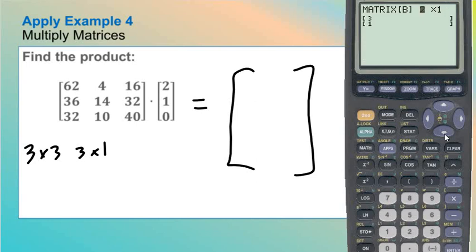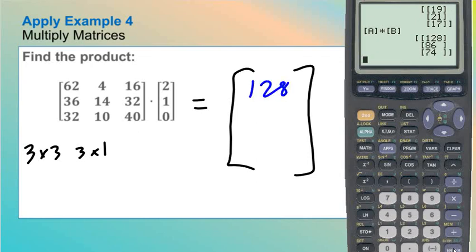This is a 3 by 1. So we have a 2, 1, and 0. Get out of this, second matrix, 1 times second matrix, number 2, hit enter, and our final answer would be 128, 86, and 74.